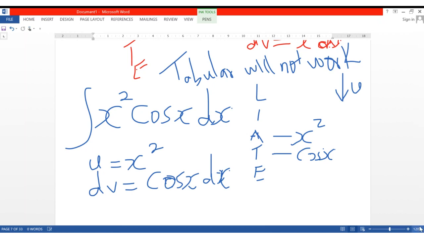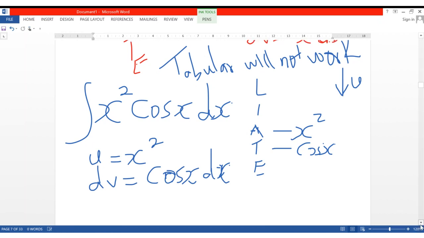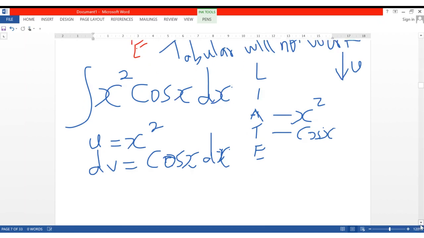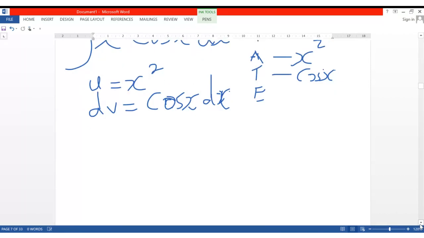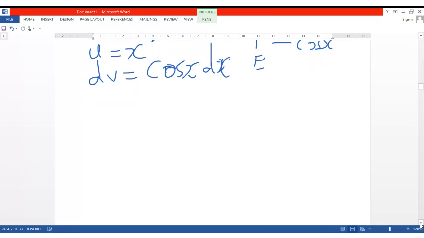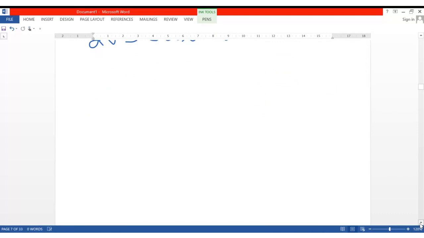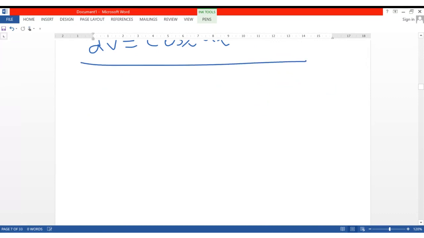You want to compare the answer that I got using the tabular, because they should give us the same answer. What I'll do, just like the name, is draw a table.